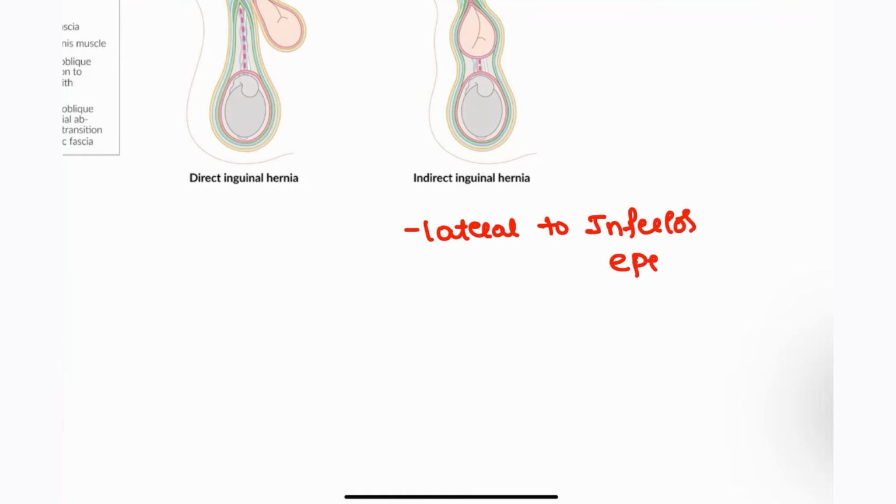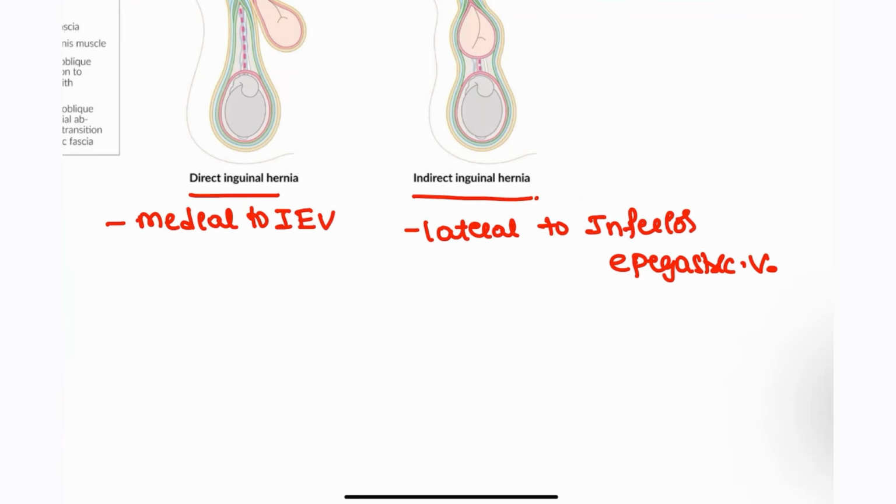The direct hernia is medial to the inferior epigastric vessels. That is the first difference between direct and indirect.